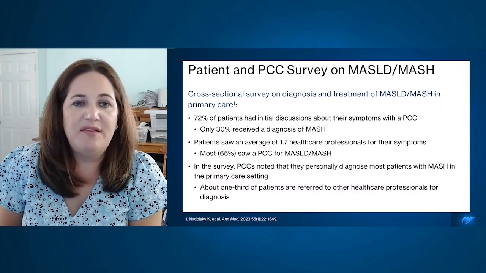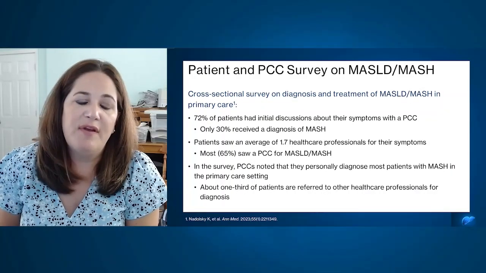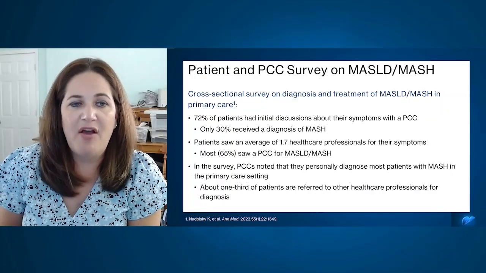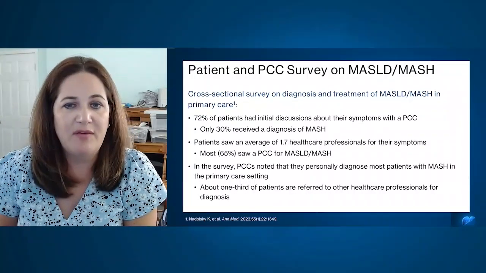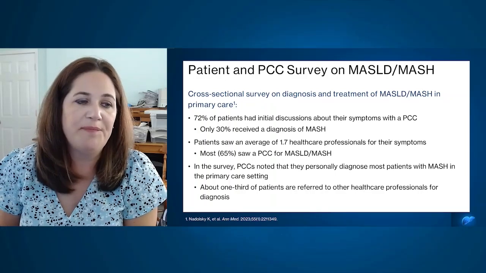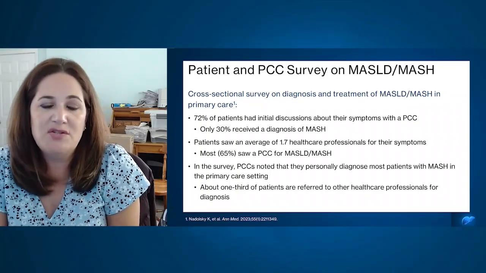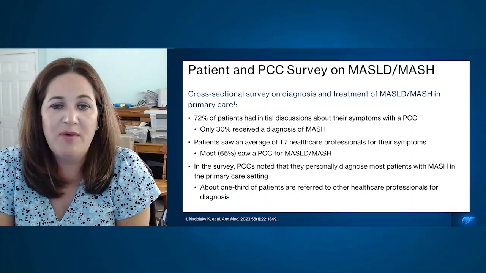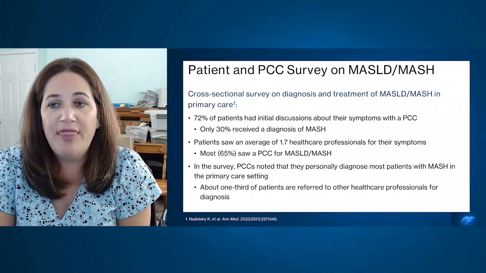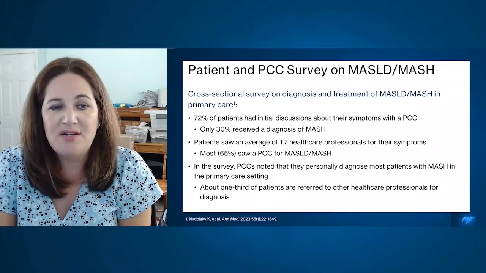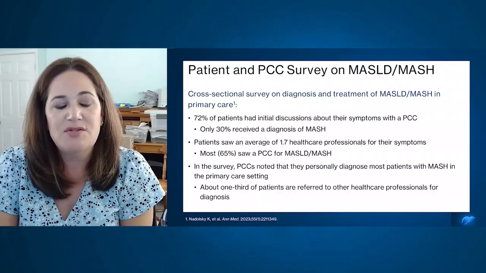Patient and PCC survey on MASLD and MASH. There was a cross-sectional study on the diagnosis and treatment of MASLD and MASH in primary care. Interestingly, 72% of patients had initial discussions about their symptoms with a PCP, but only 30% of patients actually received a diagnosis of MASH.